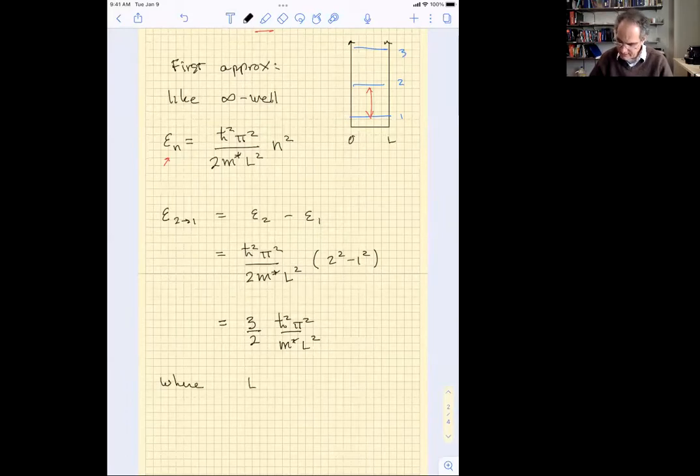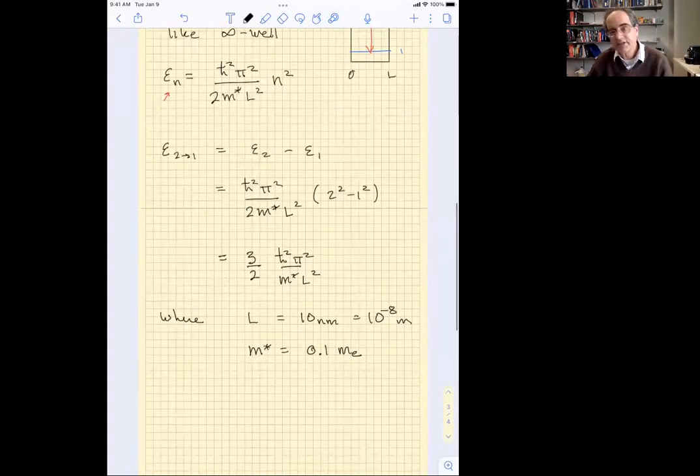So L will be the thickness of our layer. We said 10 nanometers. And m star will be the effective mass of the electron in silicon, which we'll just take to be 0.1 times the actual mass of an electron, which is about right. Actually, in silicon, the effective mass is different in different directions.